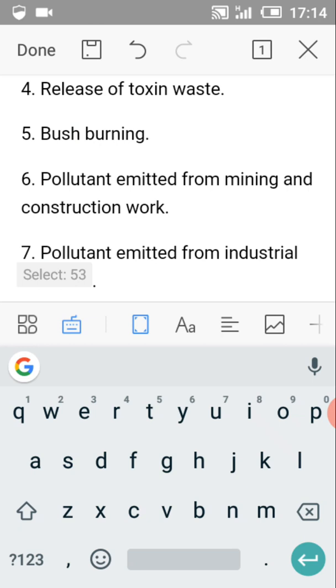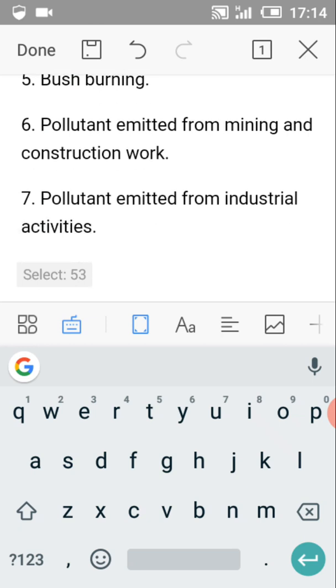Number 6, pollutants emitted from mining and construction work. Through mining and other construction works, a lot of carbon dioxide is released, which has a resultant effect on the ozone layer and the general global warming of the environment.